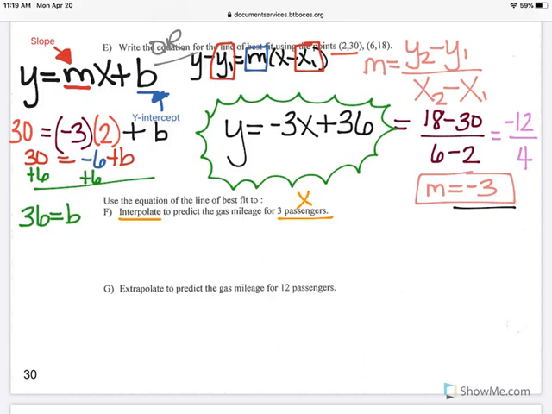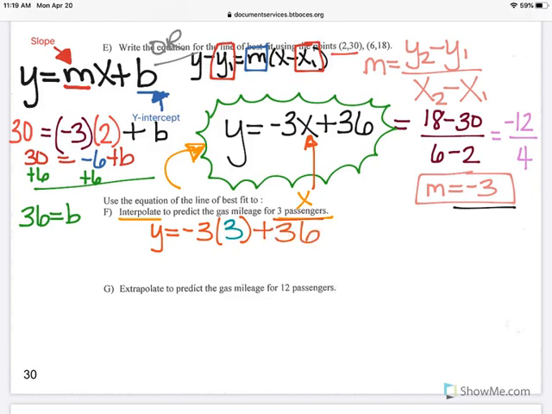But to get a more accurate reading, we are going to use the equation to figure it out. So in order to use this equation, what we're going to do is we're going to replace the x in the equation with 3. So we have negative 3 times 3 plus 36.